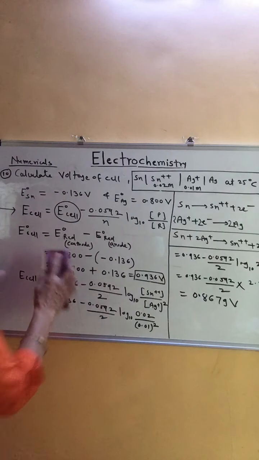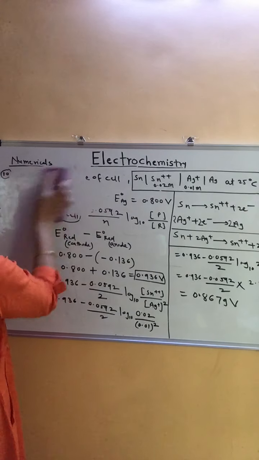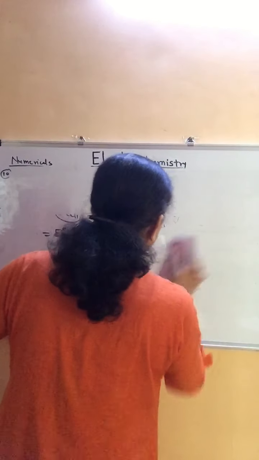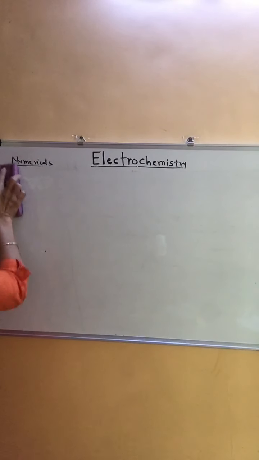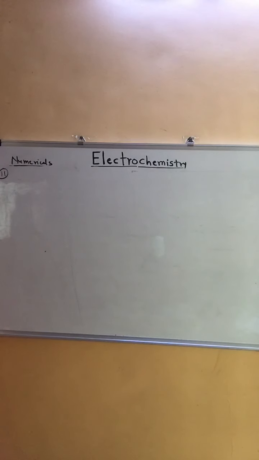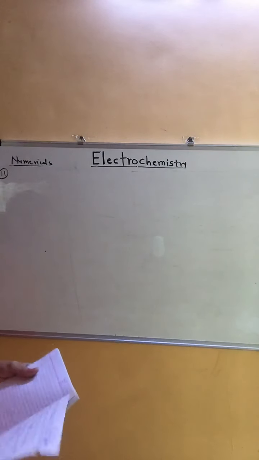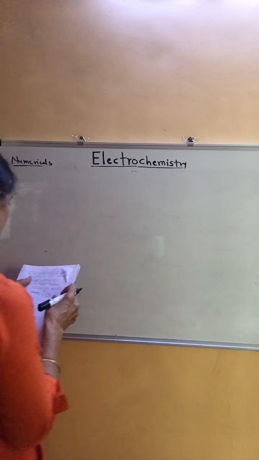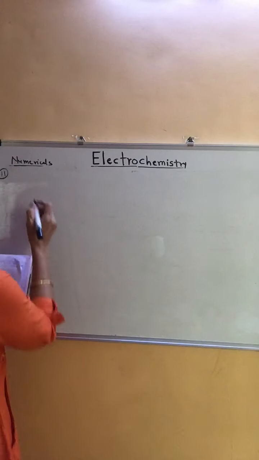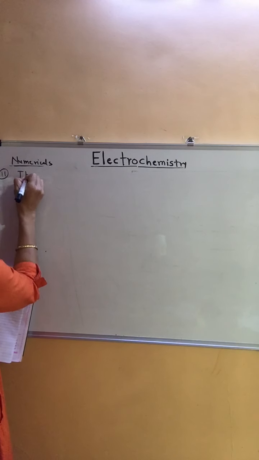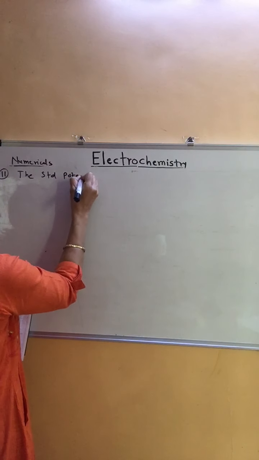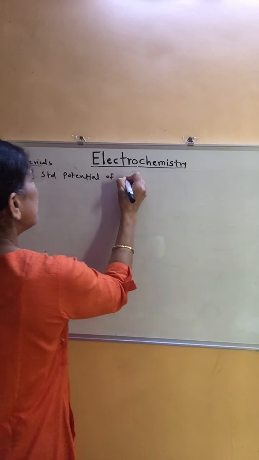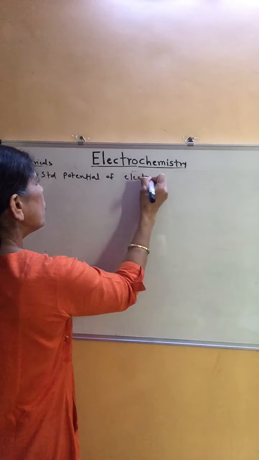Now we are going to solve one more problem, the 11th. See, the problem is: calculate the standard potential of the electrode, that is, of a half cell.